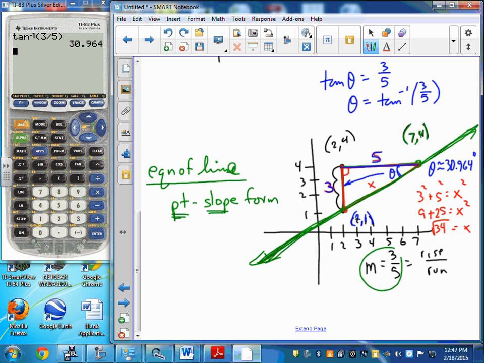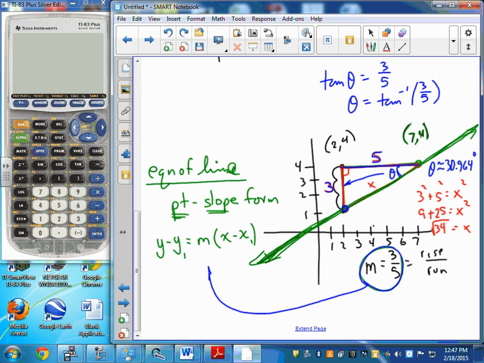Here's the formula: y minus y1 equals m, that's our slope, times x minus x1. And obviously the slope for this problem was 3/5. That's going to go there. And the point, well, we have a couple of points. Well, let's do this point here. We'll do 2, 1, simply because the numbers are a little bit smaller there. 2, 1. And those coordinates fit in here. This would be the 2, and this would be the 1.